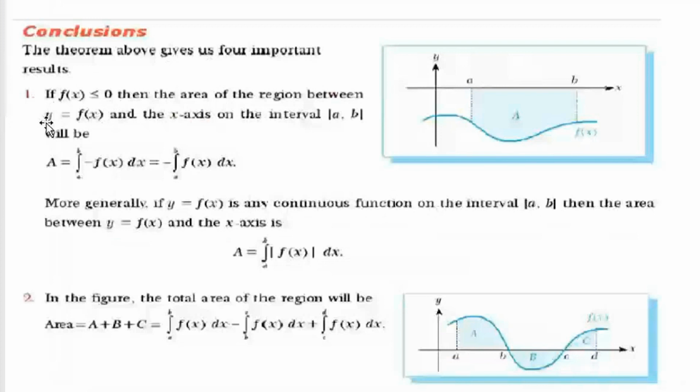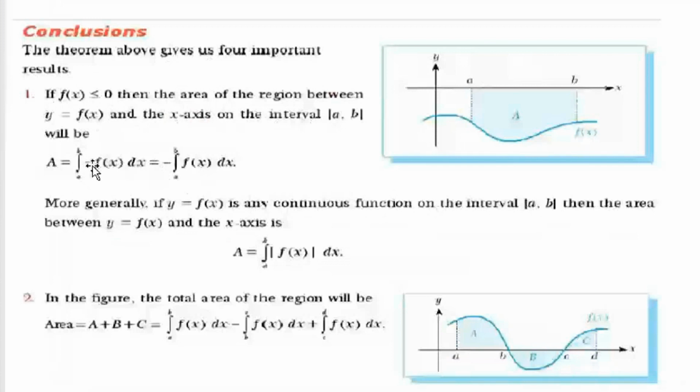So number one, if f of x is less than or equal to 0, then the area of the region between y equals f of x and the x-axis on the interval [a, b] will be equal to the integral of negative f of x dx evaluated from a to b, or equals the negative of the integral of f of x dx evaluated from a to b.